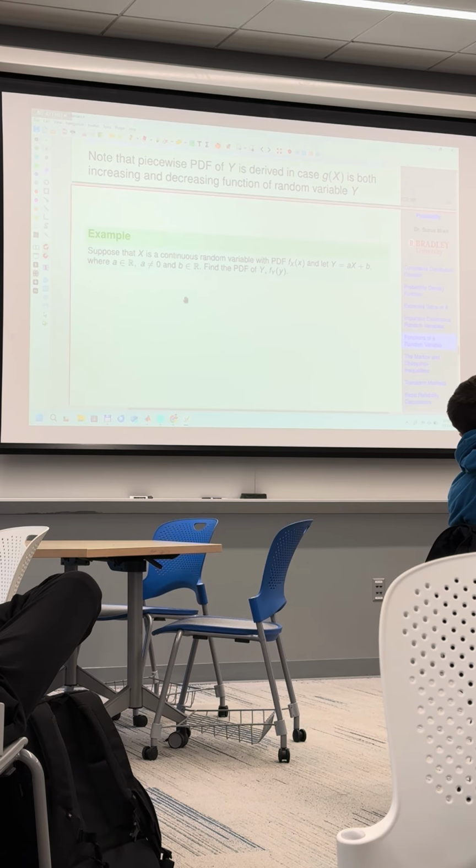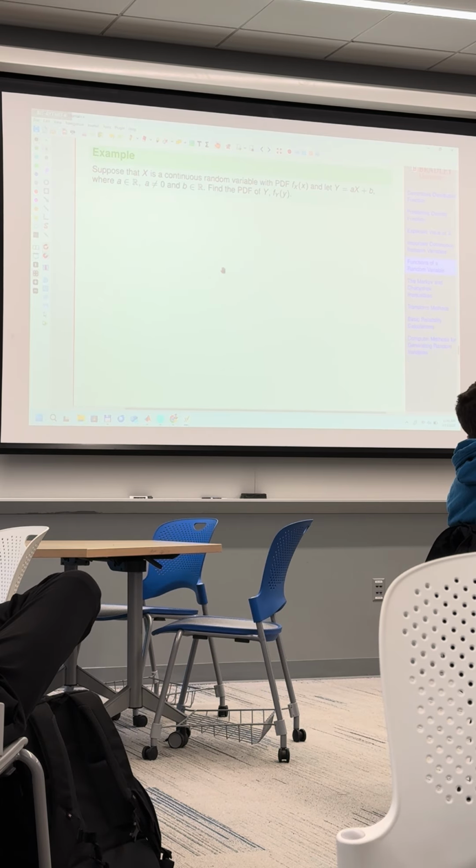And I have one example right here. I'm just going to write down in short the solution here. y equals ax plus b, so x equals g inverse of y, just like what we did in our last example, y minus b over a.